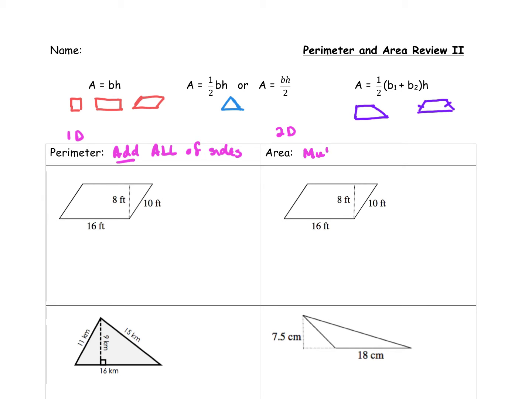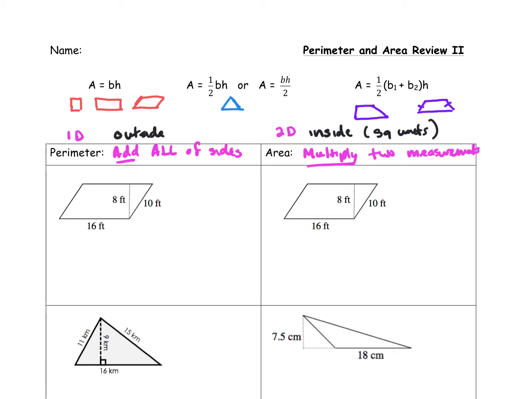So we need to multiply 2 measurements. The perimeter is talking about the outside all the way around, and the area is talking about the inside. How many square units?